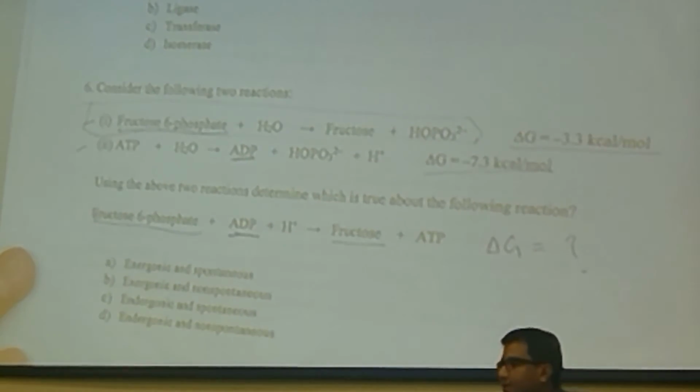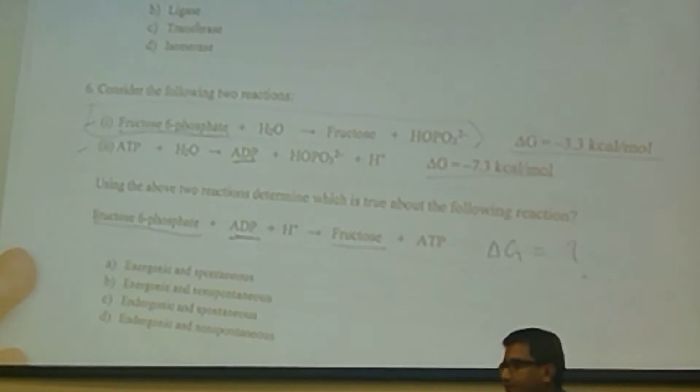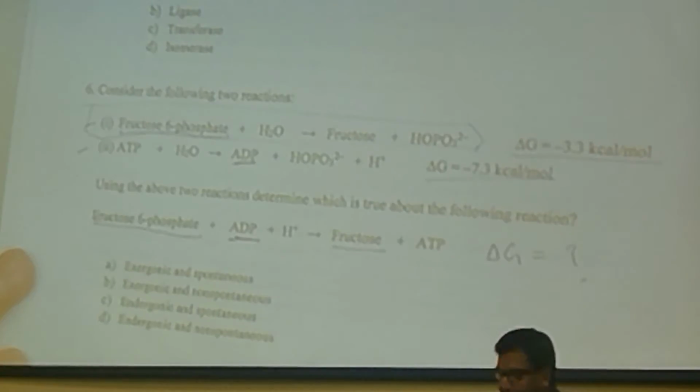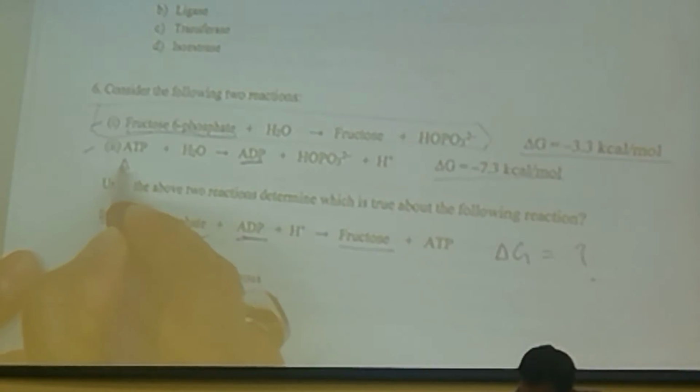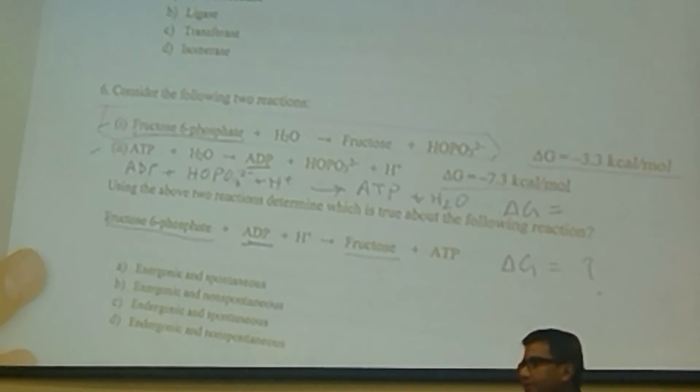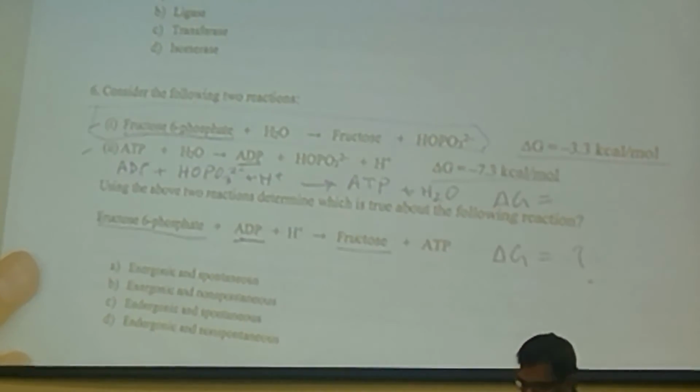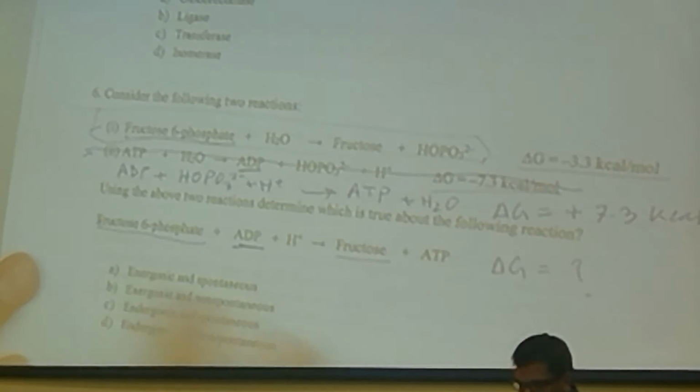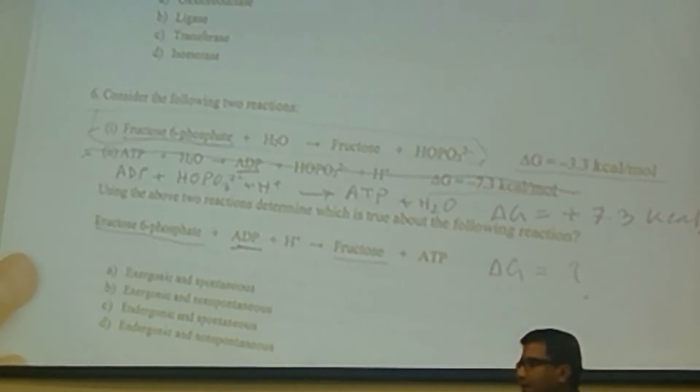So that means this reaction I cannot use as it is. I need to modify it to make ADP the reactant. If we reverse the reaction, the sign of the delta G value would change to positive, because that was negative. Now we see if the given reaction matches with that.